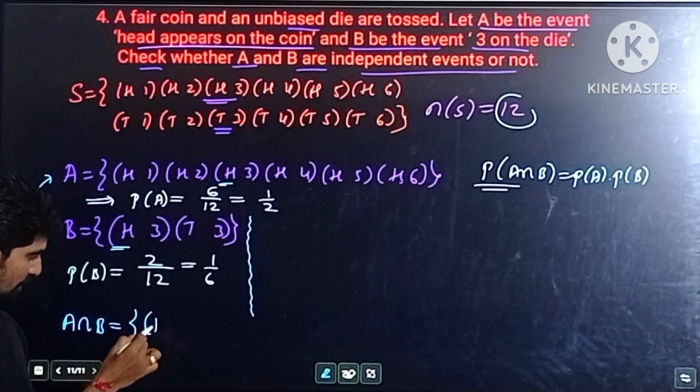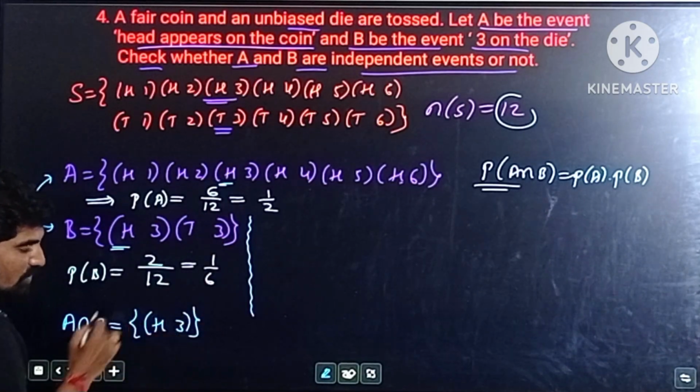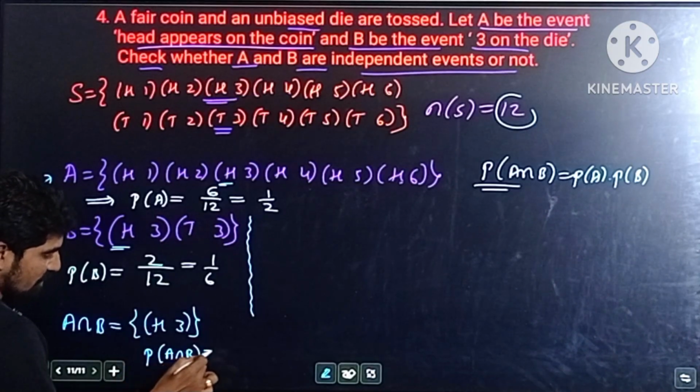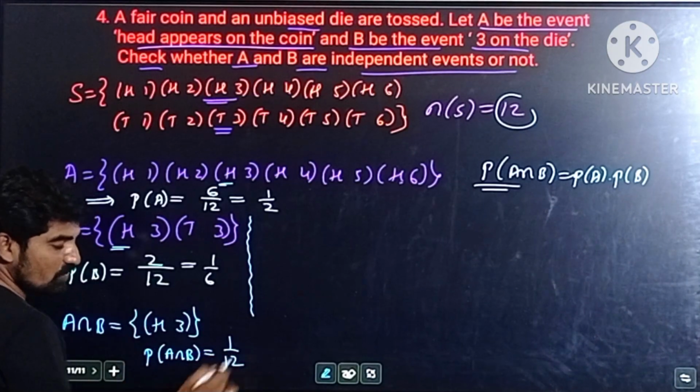Therefore, the probability of A intersection B is equal to 1 divided by 12.